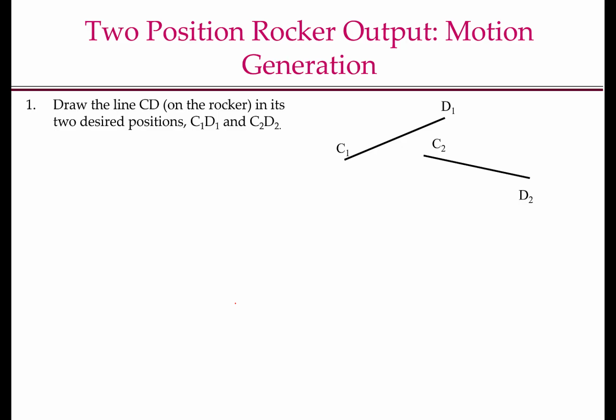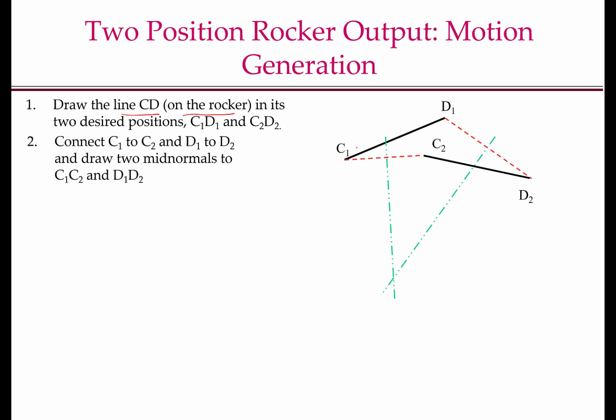Our first step is to draw the line CD on the rocker in its two desired positions, C1D1 and C2D2. Note also that when you are choosing CD, you are essentially choosing the length of this line segment. Then we connect C1 to C2 and we connect D1 to D2, and we draw two mid-normals or perpendicular bisectors of the segment C1C2 and D1D2.